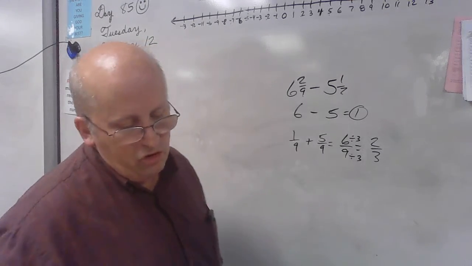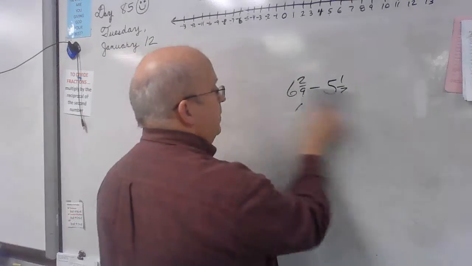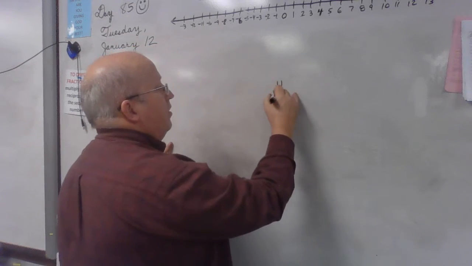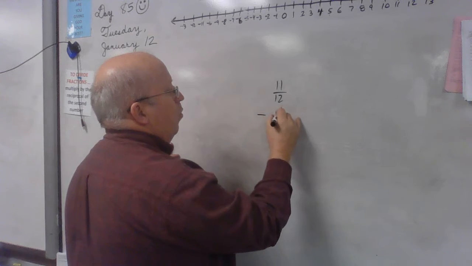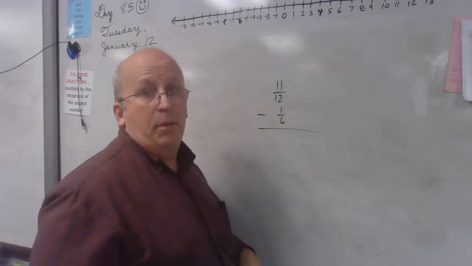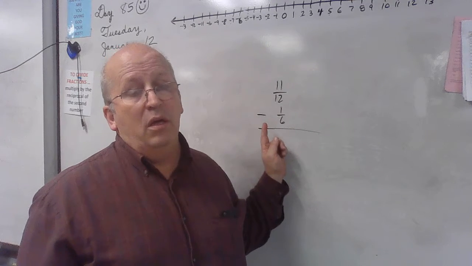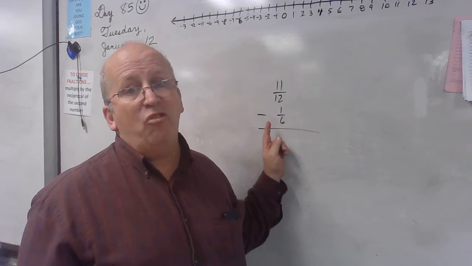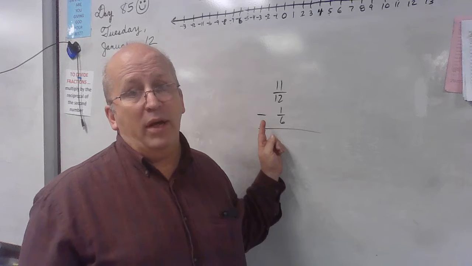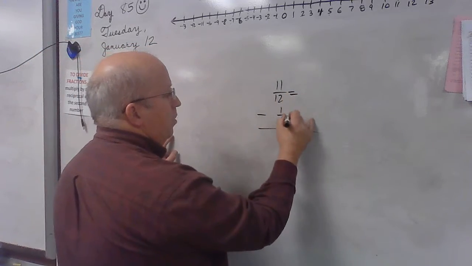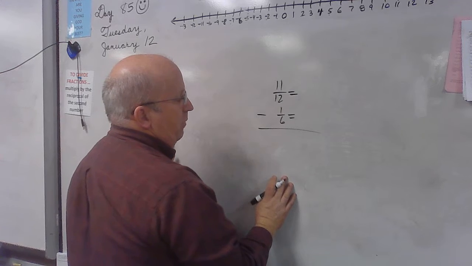What about something where we don't have a common denominator? Let's look at number 20. About 11/12 minus 1/6. Keep in mind that some of these problems are subtraction problems and some are adding problems. If you don't pay attention to the operation symbol, you might get a wrong answer. So in this case, what is a common multiple that 6 and 12 have in common?